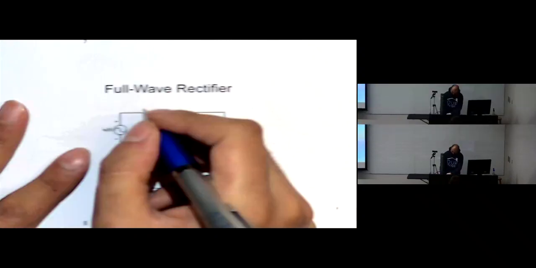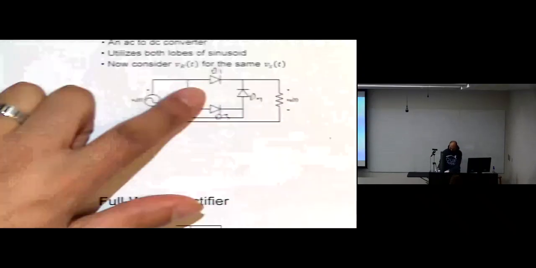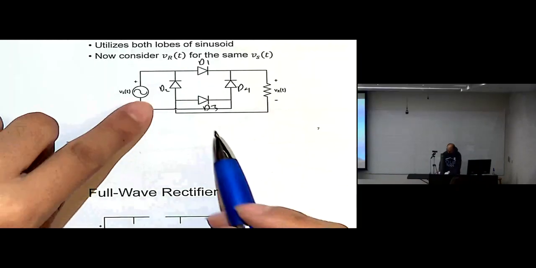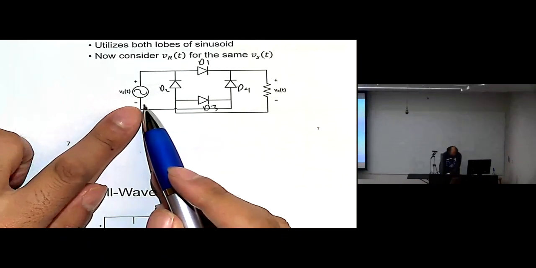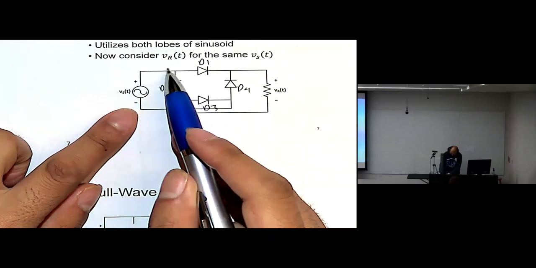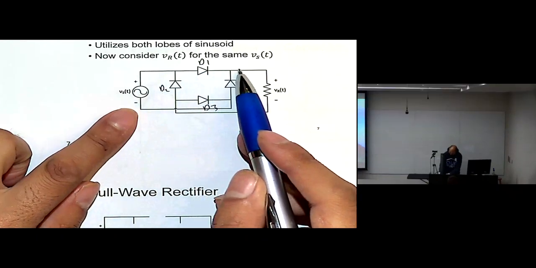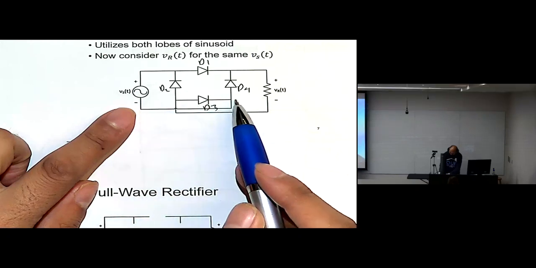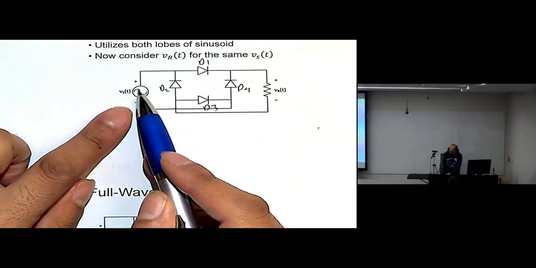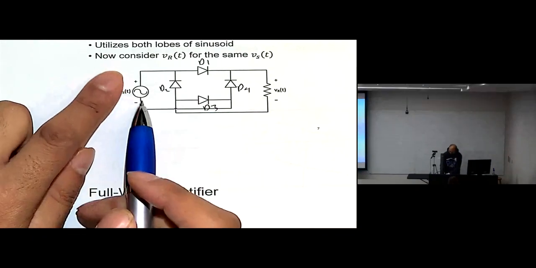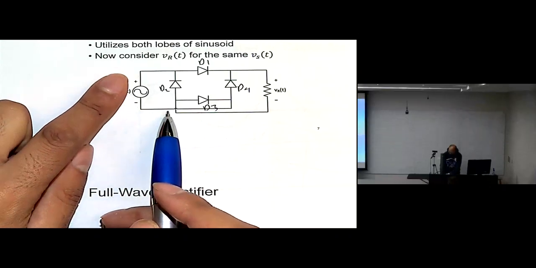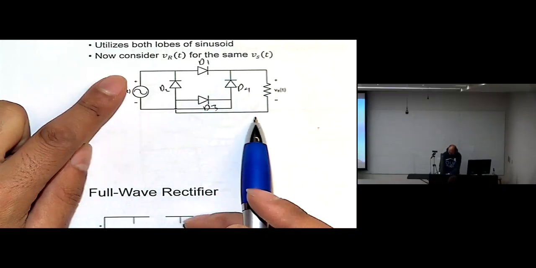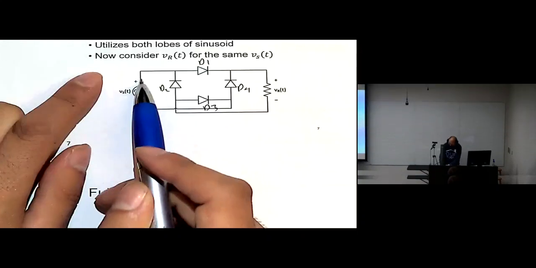So we have 2 cases for these diodes: if Vs is positive or if Vs is negative. If Vs is positive, the current is flowing here, through D1, through VR, and returning through D3 to the source. If Vs is negative, the current is flowing through D4, then to the resistor, through D2, back to the source.